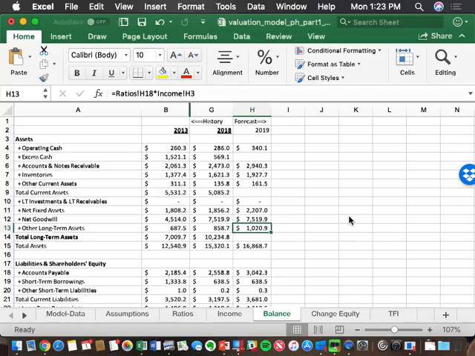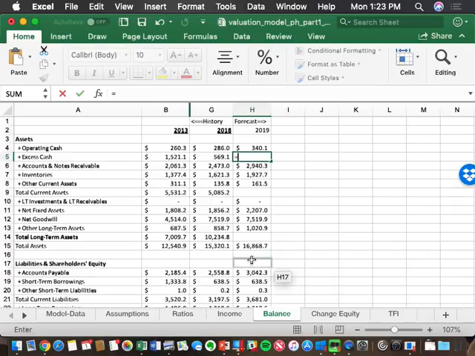So now that we've done this, the last item that's left is excess cash. Okay, so here's how we plug or solve for excess cash. Put your cursor in cell H5 on the balance sheet, equals H15 minus everything else.